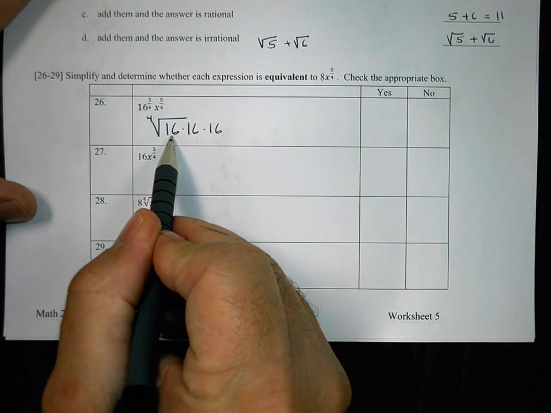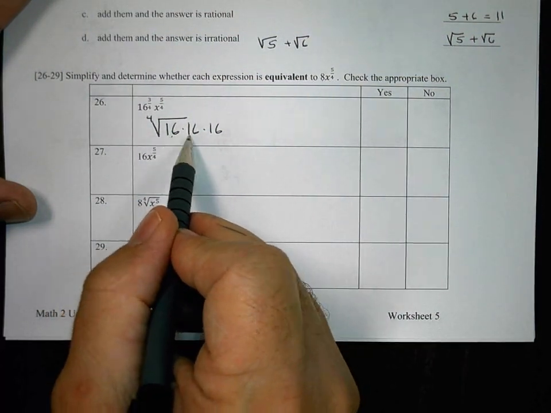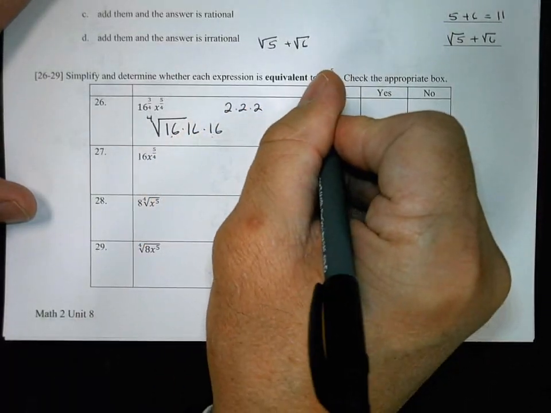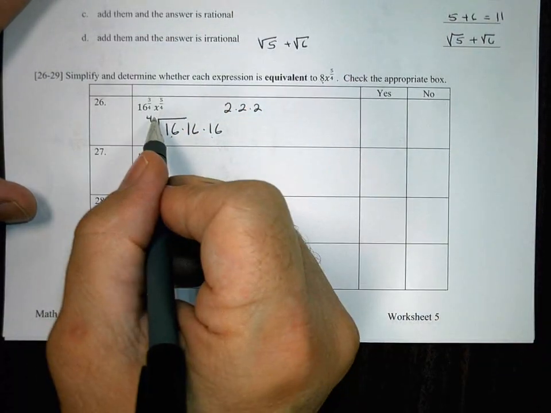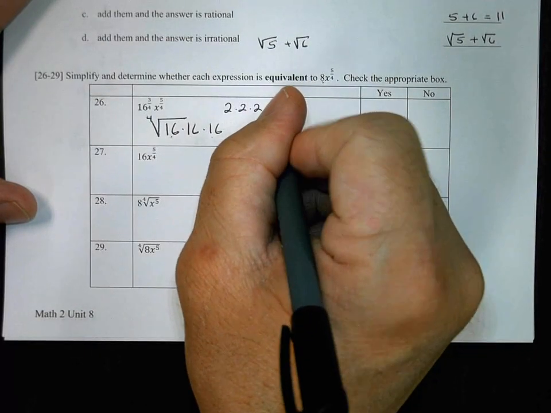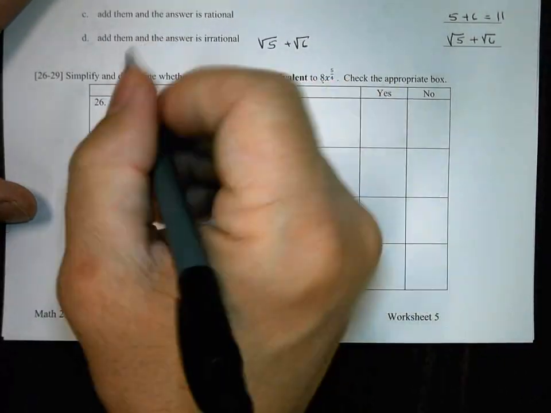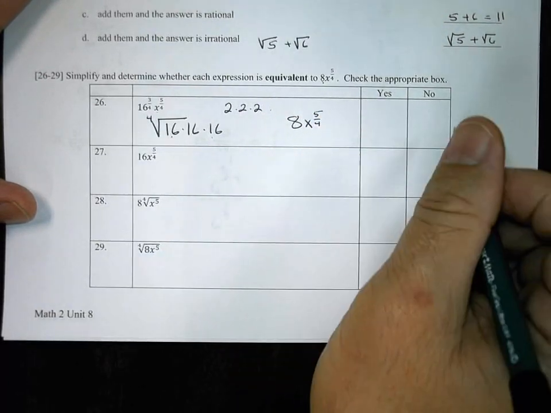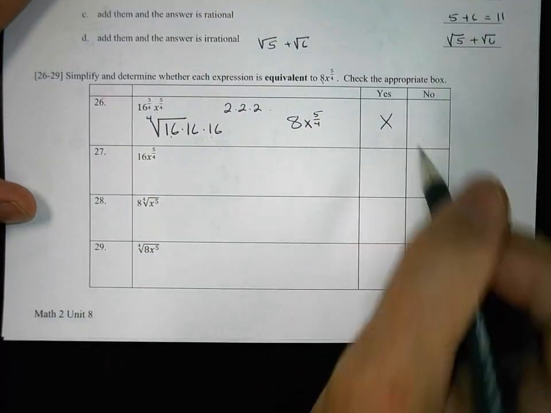Well, there are 4 2's in every 16, so it looks like 3 2's are getting out, which is 8. So far, so good. And then x to the 5/4. So 2 times 2 times 2 is 8, and x to the 5/4. So yes, number 26 is good.